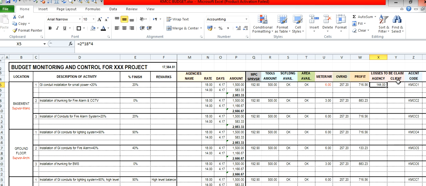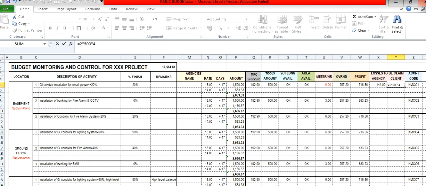Then again, if there is any claim from the client, for example no available materials, no justification, no clearance, we can calculate it also here. Let's say 2 hours. We have proof that for 2 hours we were not able to work because there were no materials, times 500 rate per hour, times 4 days.